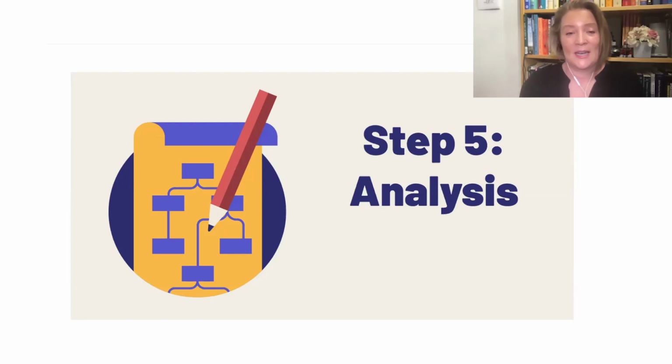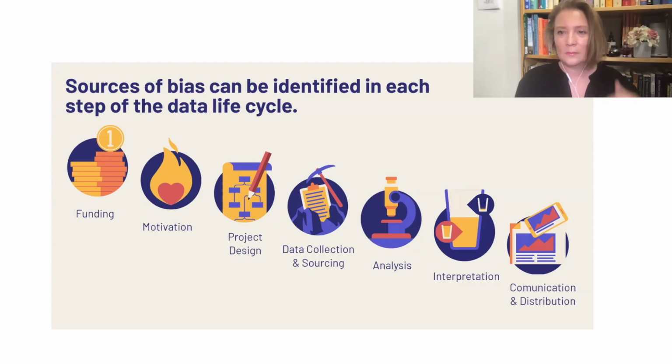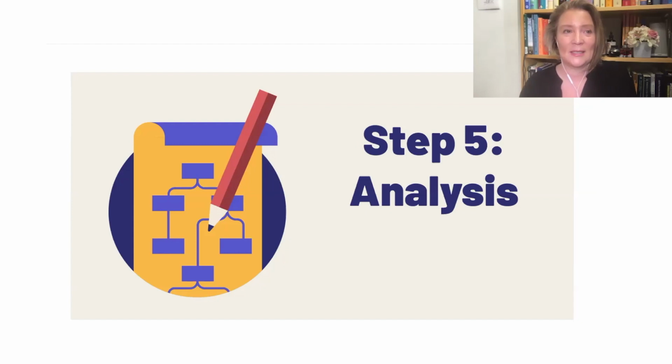Step 5 is analysis. Sometimes as a data journalist, you're doing your own analysis, and sometimes you're going to rely on other people's analysis. And analysis itself is not objective. Statistical methods all have a set of assumptions baked into them.